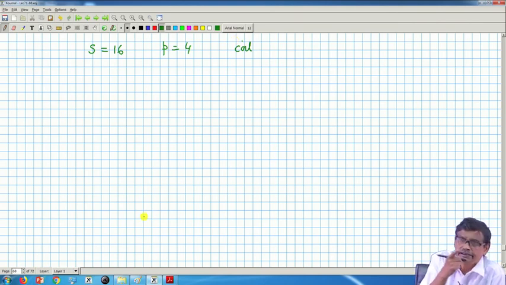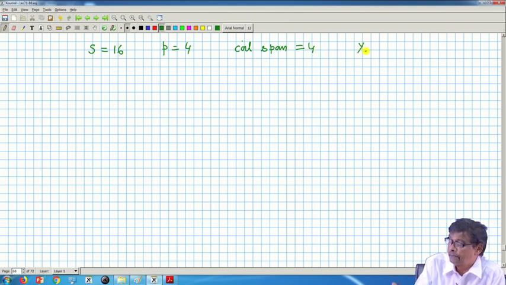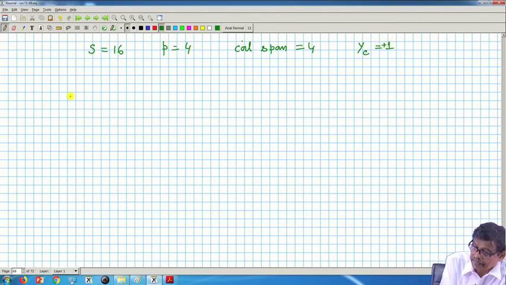If one coil side is under the north pole, the other coil side you try to see is under the south pole, center of the south pole, like that. Coil span is equal to 4, and winding commutator pitch is 1, that is what plus 1 I have taken. Now, this thing I will draw in this way. I now know what it is.